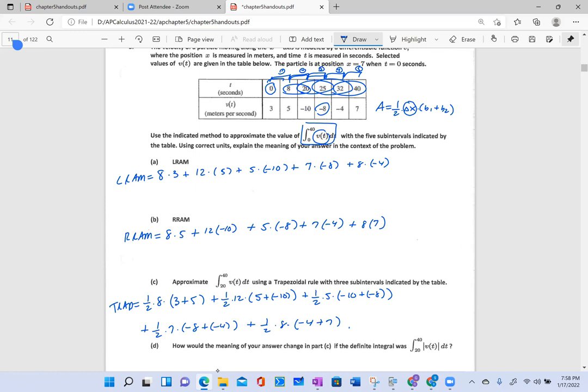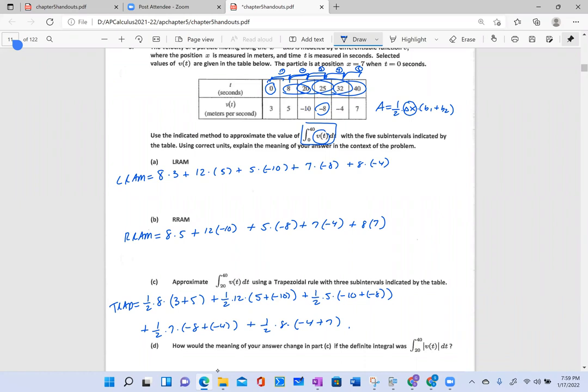So again, you see here that you have unequal size subintervals, so you can't factor out the delta x this time because it's not common to each trapezoid. The size of each subinterval is not the same.